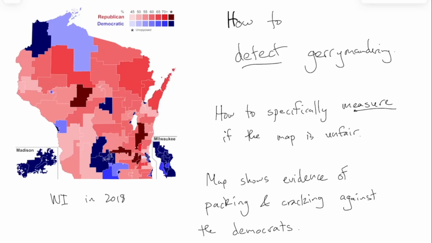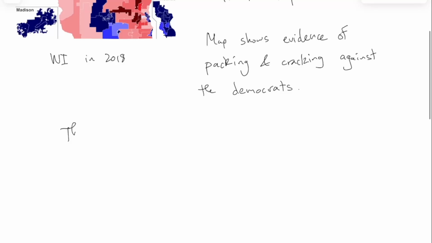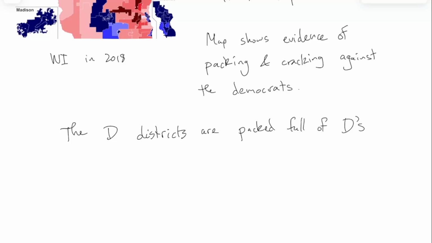What I was saying, most of the blues are super dark blue, but most of the reds are light red. What that means is the Democrat districts, the D districts, are packed full of Ds. And if you recall, the packing strategy is you load up all of the Ds in like one or two districts, and that means there aren't enough of them to win any of the others.